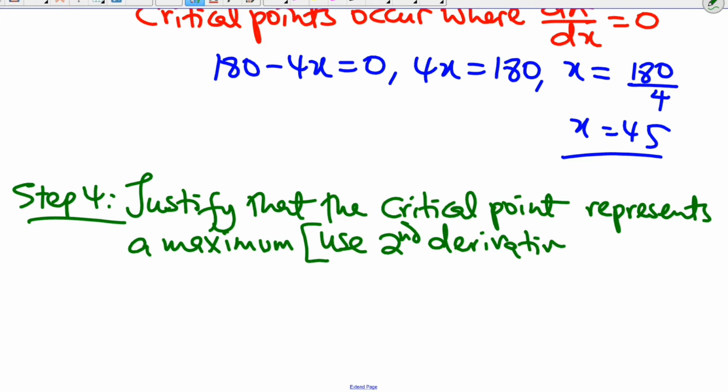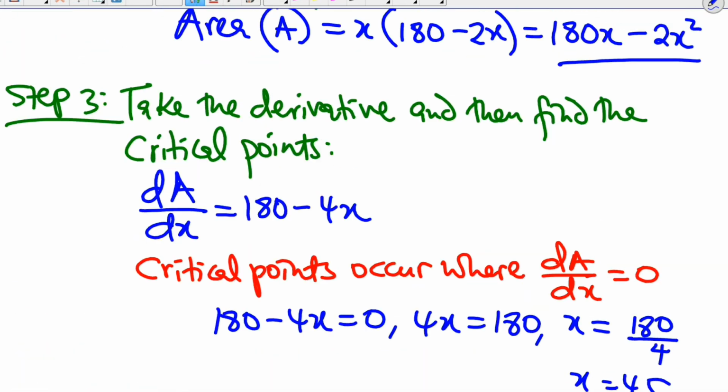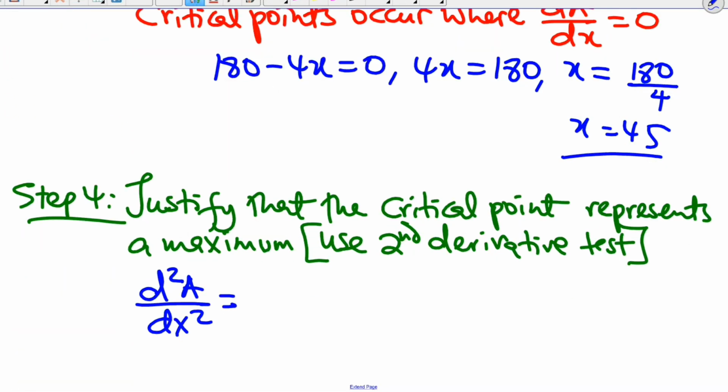So we need to find the second derivative. d2A over dx2 is obtained by differentiating the derivative from the top, which gives negative 4. So what that means is that since the second derivative is less than 0, a maximum point occurs where x is equal to 45.